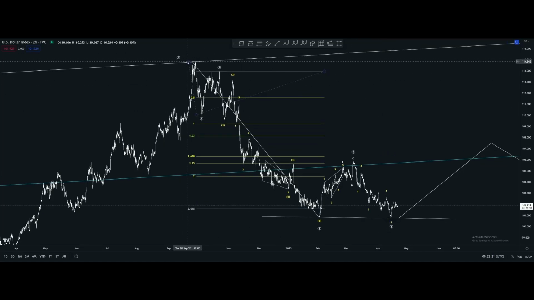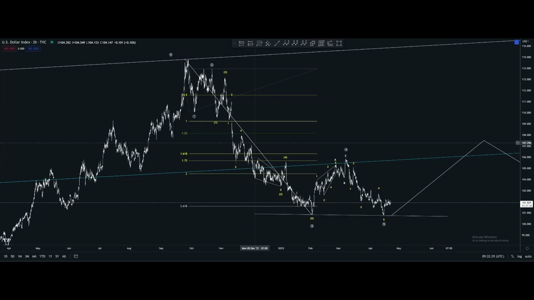So 1, 2 with a 1, 2 with a 1, 2, 3, 4, and then an ending diagonal to end the inner third wave. So ABC, 1, 2, ABC, 3, 4, ABC, 5. 5 ends a teeny bit under the wave 3, with the wave 4, and whatever this is, I call it a 5.